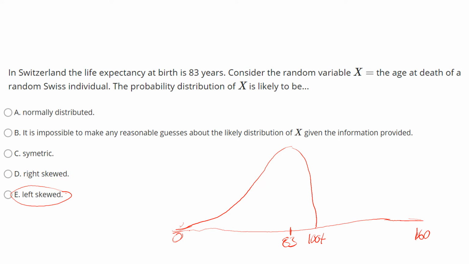High relative average, but skewed to the left. Likely most individuals are going to live to some age beyond 80. So the mode and the median will lie somewhere to the right of the mean in this case. Okay, let's move on to the next question.